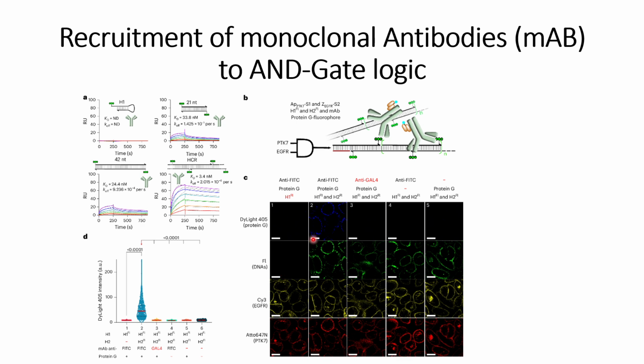They have quantified this, which further confirms what they have seen in the immunofluorescence results: when both anti-FITC and protein G are present, only then are they able to see signals for this Light 405. Otherwise, in other cases, they do not see any signals or almost negligible signals.